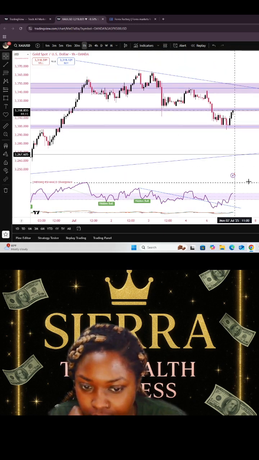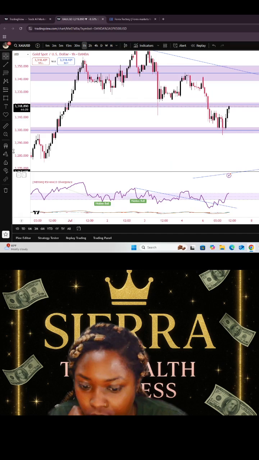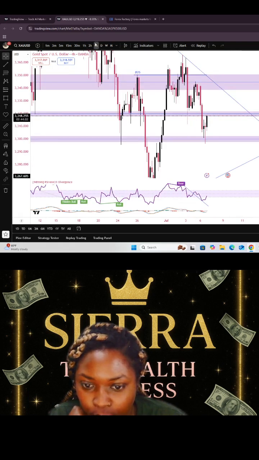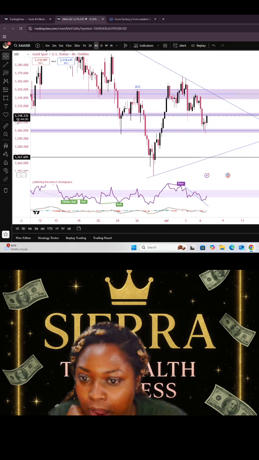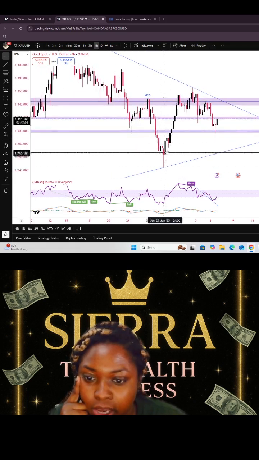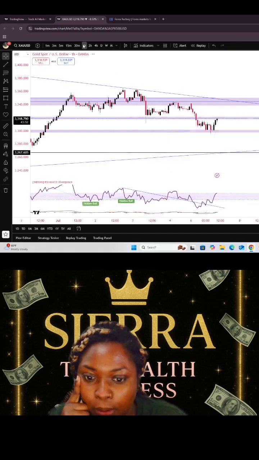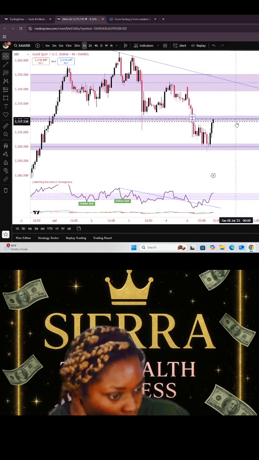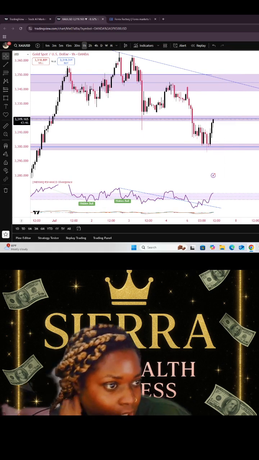Let's see. So right now, with price being overbought on the 1 hour, but we still got room to push up on the 4 hour, I'm not sure where price is going to go. This is looking like an impulse here, correction, possible continuation, but we're just gonna wait because price is approaching this zone, and we're just gonna wait to see what price is gonna tell us.